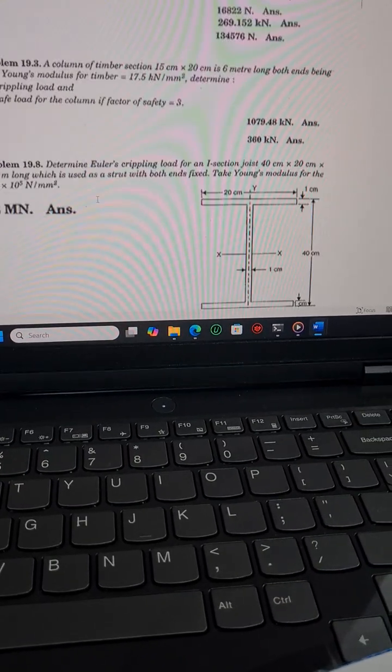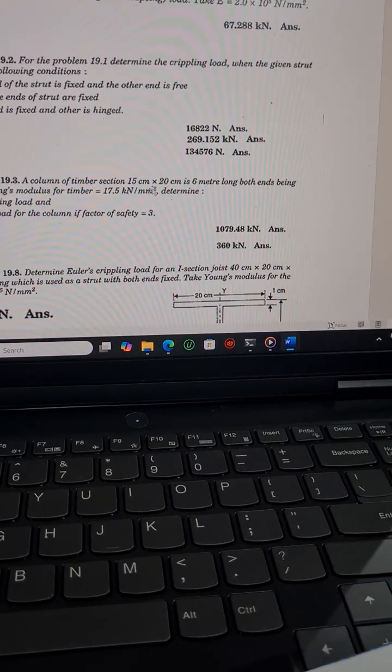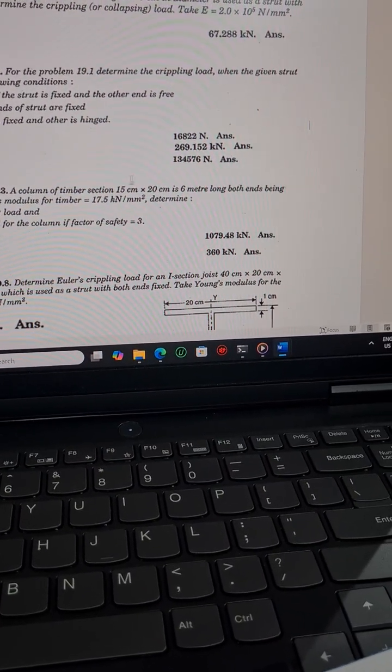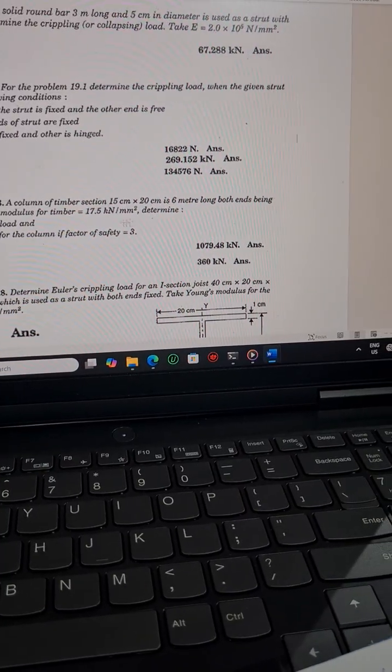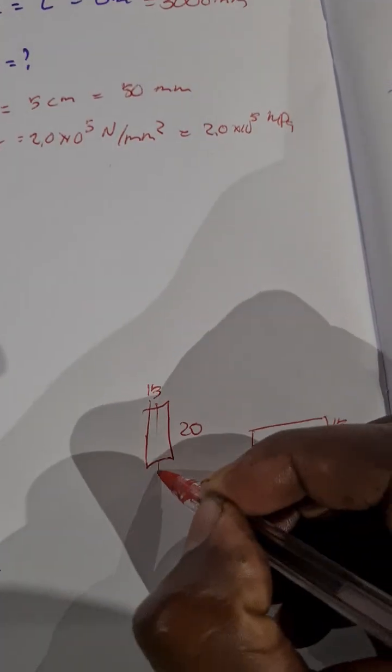Take note of the dimensions, say the timber column is 15 centimeters by 20. It does not matter what orientation you choose, for example in 19.3 you can say this is 15 and this is 20, or the other way around, because if they don't give you a drawing, it does not matter. So in this case, you must calculate.